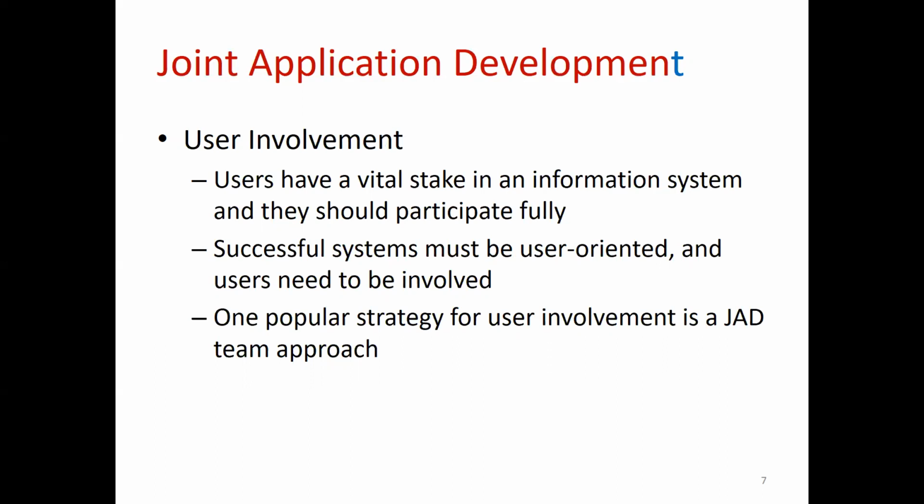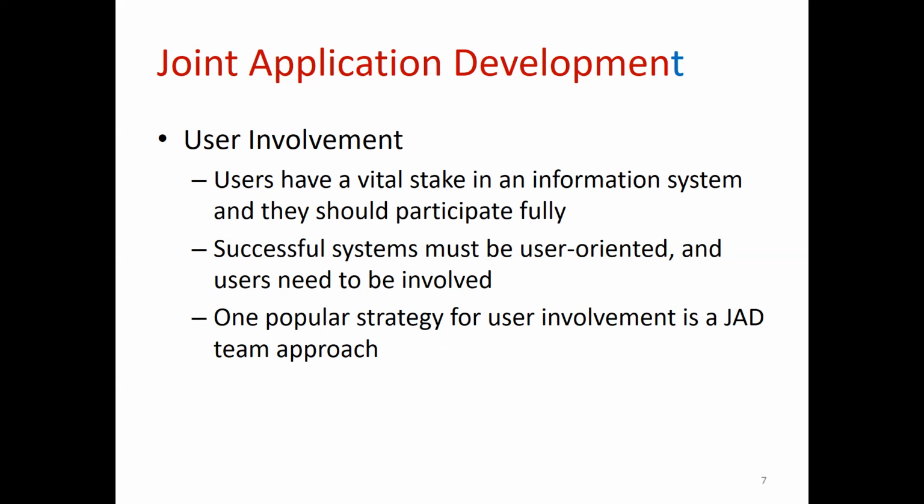One popular strategy for user involvement is a JAD team approach. So in simple terms, when you're talking about JAD, you are generally talking about user involvement. You have active user participation in this method and technique. It's more user-oriented, and it is a team approach.